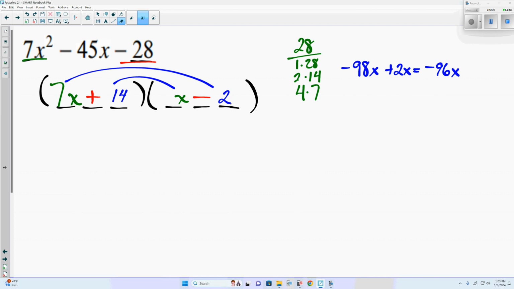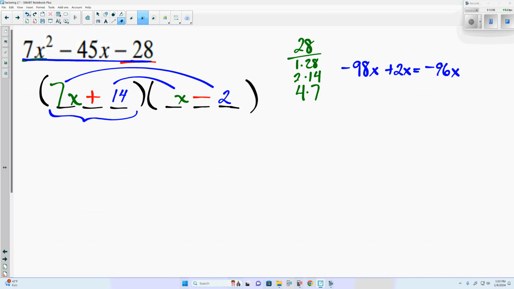Because if we look at the first set of parentheses here, is there a greatest common factor between 7x and 14? If there's not a greatest common factor, or we've already removed them from our quadratic, we can't have one show up later. But 7 and 14 have a greatest common factor. Because if there is one here, it means there had to be one originally. But if there's not one originally, there can't be one in either set of parentheses.